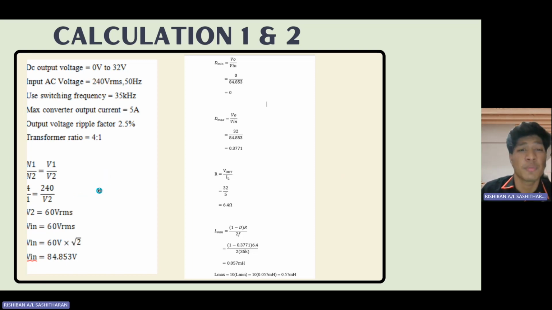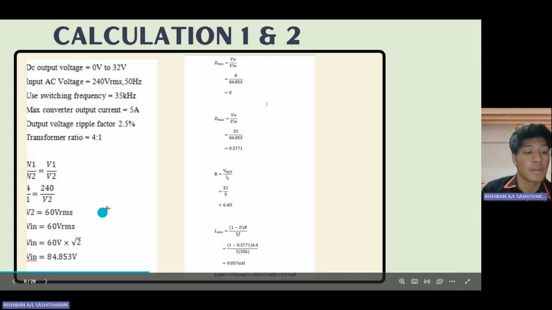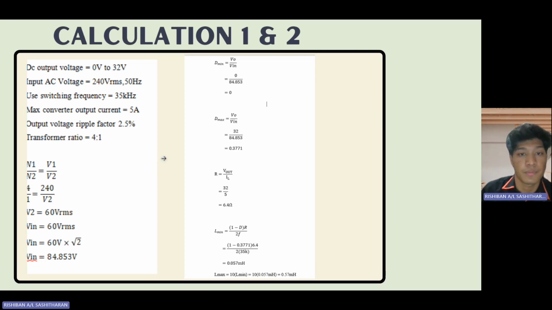Okay, from the transformer ratio formula, we can know the value of V2. The value of V2 is 60 VRMS, and to find the V in, we have to multiply by square root 2, and then we get our V in is 84.853 volt. And now look at D min.